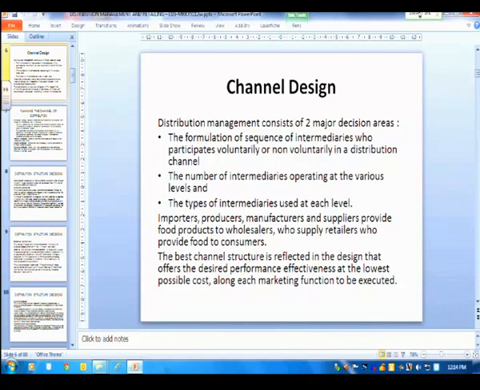Importers, producers, manufacturers, suppliers provide food products to wholesalers who supply retailers, who then provide food to the consumers. The best channel structure is reflected in the design that offers the desired performance, effectiveness at the lowest possible cost along each marketing function to be executed.